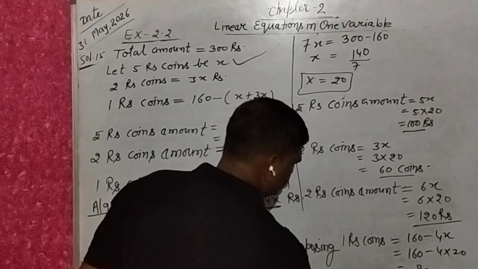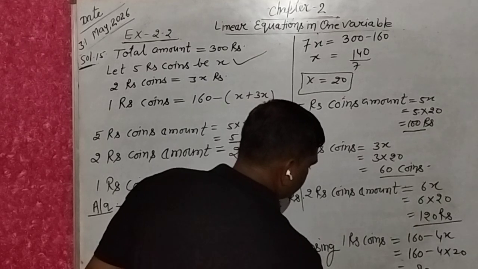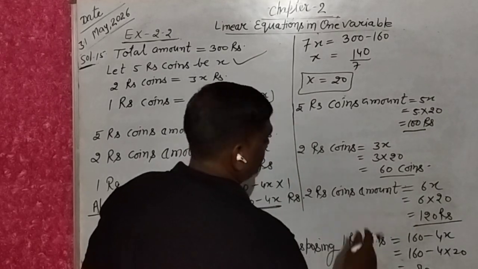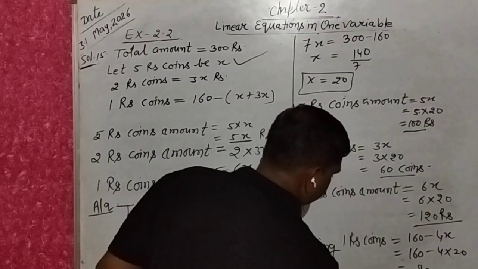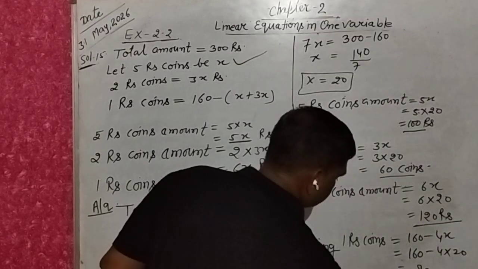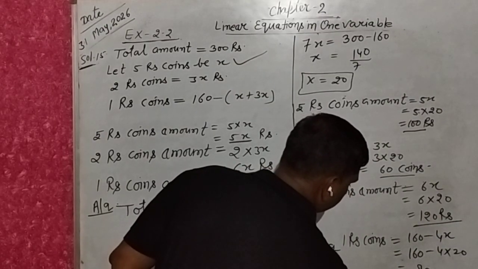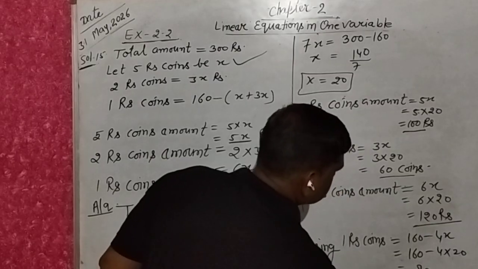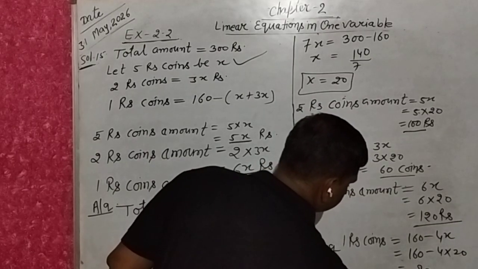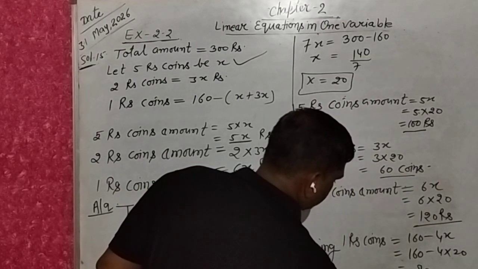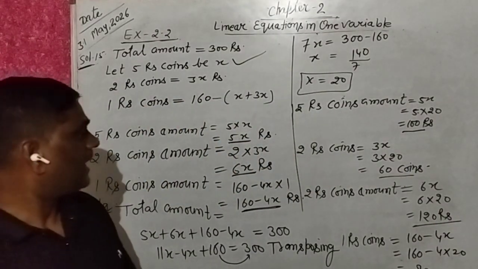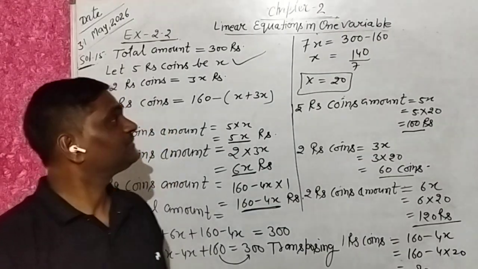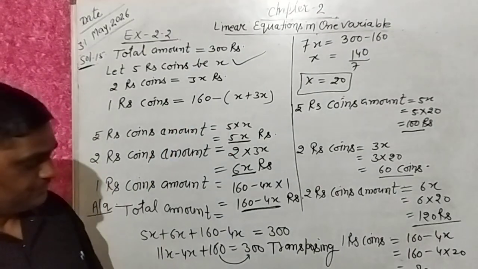Coins: first 20, second 60, and 160 minus 80 is 80. I think you understand better, so write down this question.